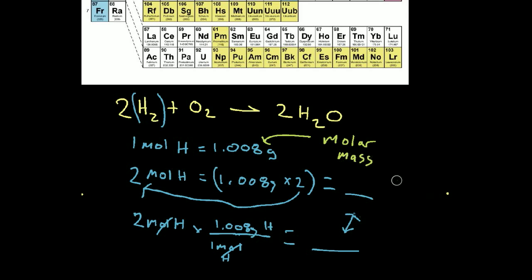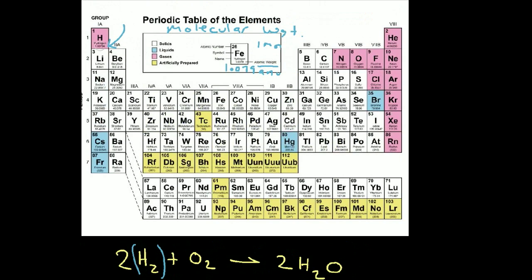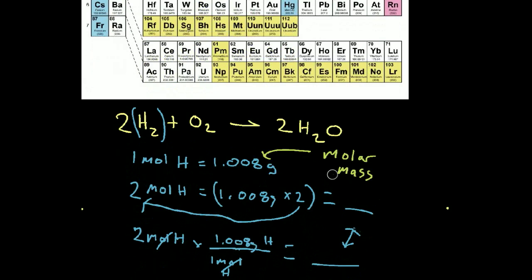So if someone says, hey, what's the molar mass of hydrogen? You'll look at the periodic table, and say, well, hey, that's a great question. Looks like the periodic table says it's 1.00794 or 1.008. You'll say the molar mass of hydrogen is 1.008 atomic mass units or grams. So that's where that terminology comes from.